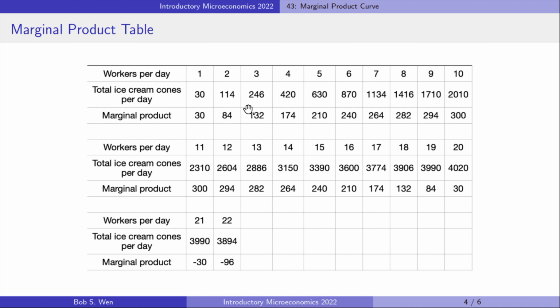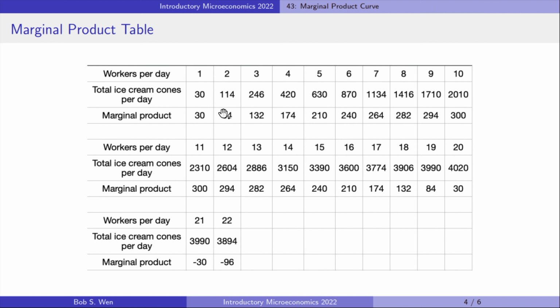As the firm hires the first worker, the firm produces 30 ice cream cones per day. The firm's total product changes from 0 to 30, so the marginal product of labor at this point is 30 ice cream cones. When the firm hires the second worker, it produces 114 ice cream cones.